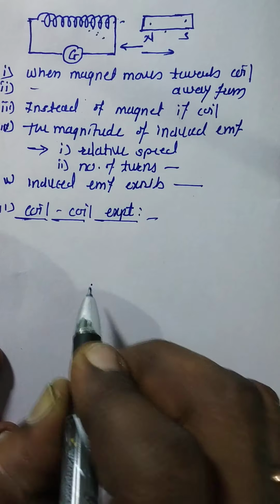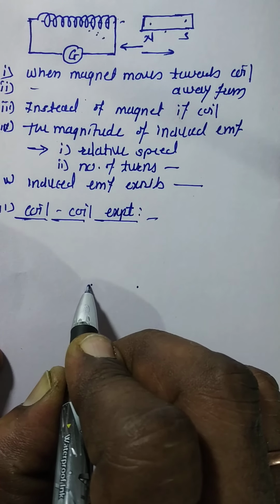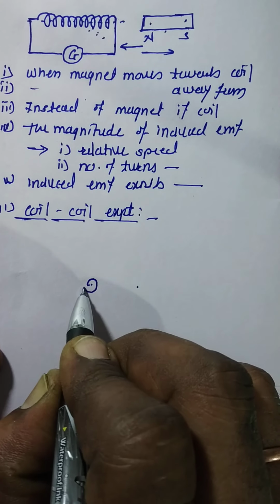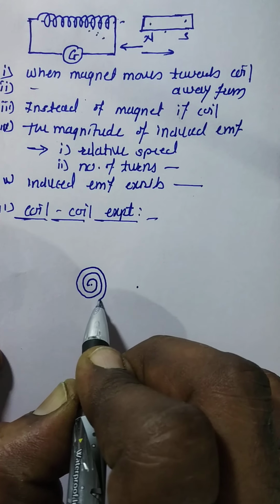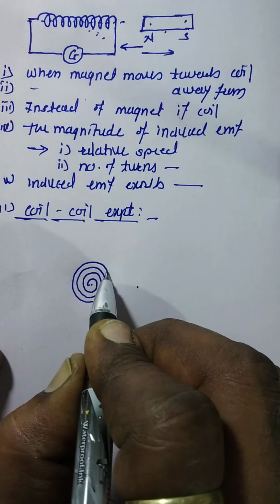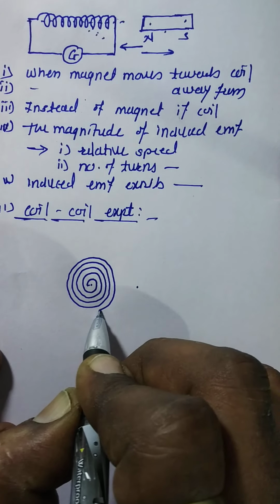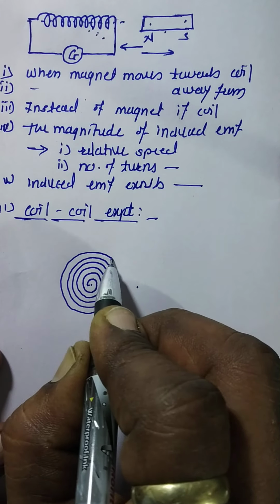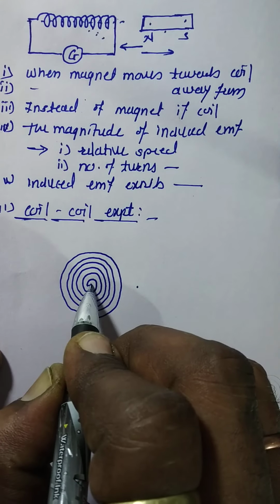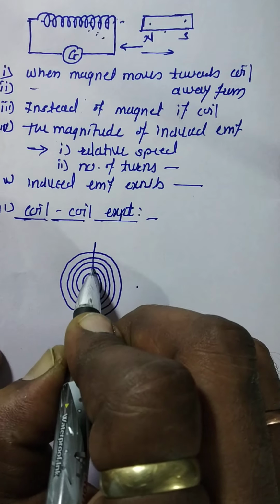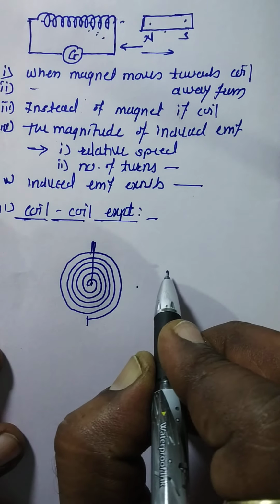Experimental arrangement consists of two coils placed with their planes parallel to each other. हित एक कॉइल आणि समजा हित एक कॉइल आहे.